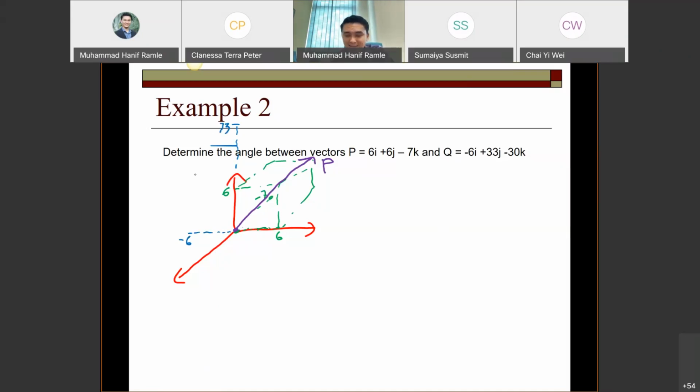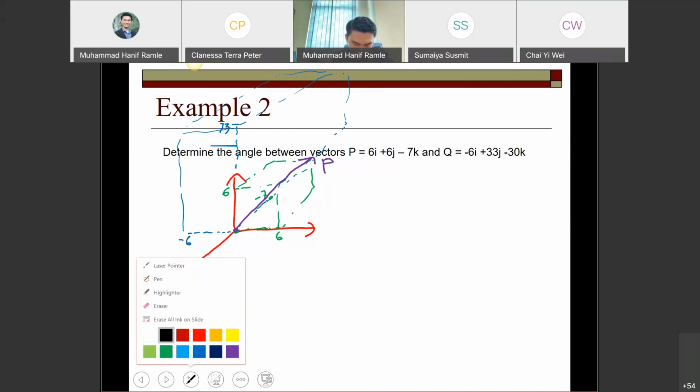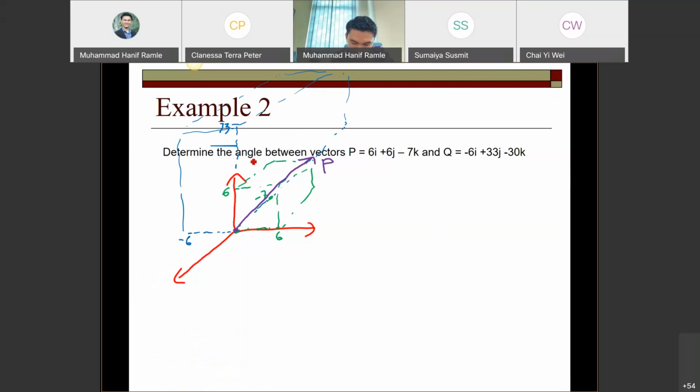And then minus 30 should be far away from the origin, like here, for example. So your Q is, sorry, let me repeat. Your Q, I put it in this color, should be like this, from here to here.